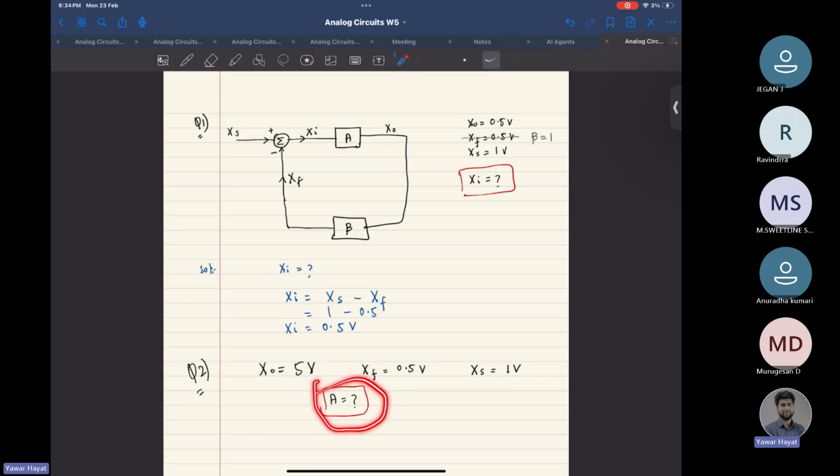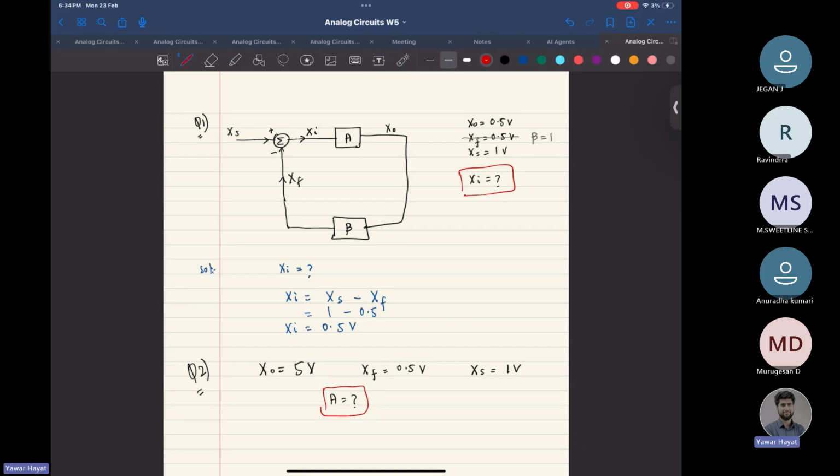How would you find A? What is A first from this feedback arrangement? Your X naught is A times XI. Is that clear? Somebody answered it correct. The correct answer is 10, but still, let me go through the solution.